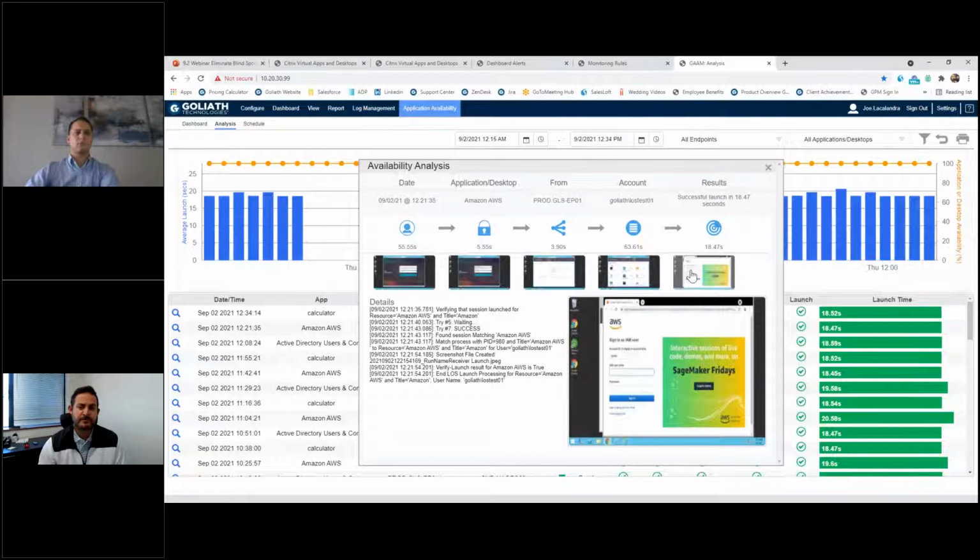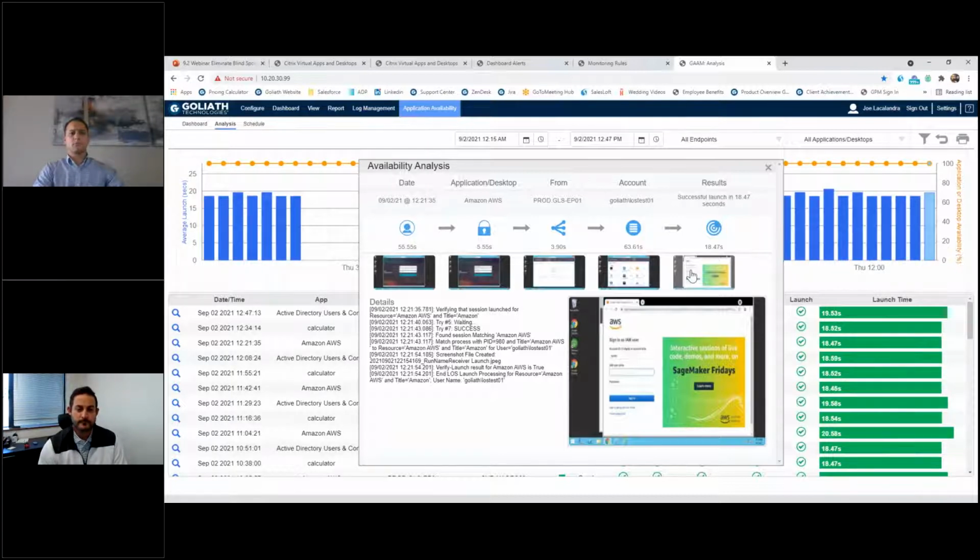So they found this part of the technology particularly helpful when trying to get ahead of issues. And if there is a failure at any stage of the process here, the technology gives you a proactive warning and shows you exactly where the failure was. So when it comes to being proactive, you can't be more proactive than actually having a synthetic user that's logging in to tell you whether Citrix is available or not.